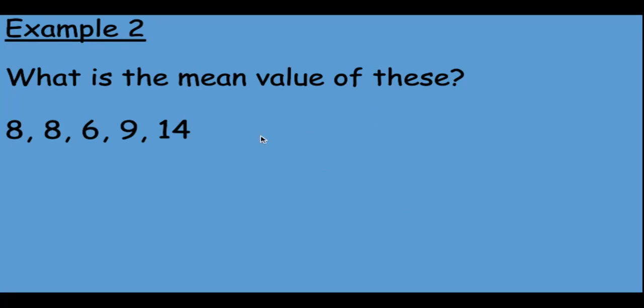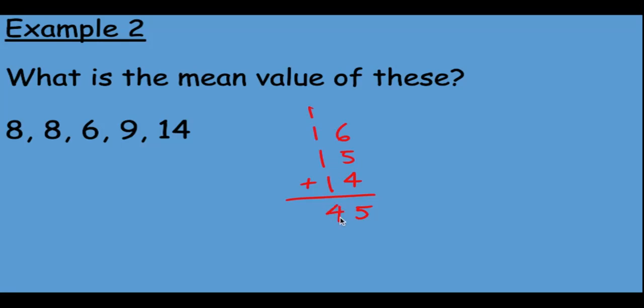Okay, so we've got 8 and 8. We'll call that 16. 9 plus 6, 15. And then we've got 14 there. Add those up. So I've got 6 and 5 is 11, and 4 is 15. Carry that 1 there. So 1, 2, 3, and 4.